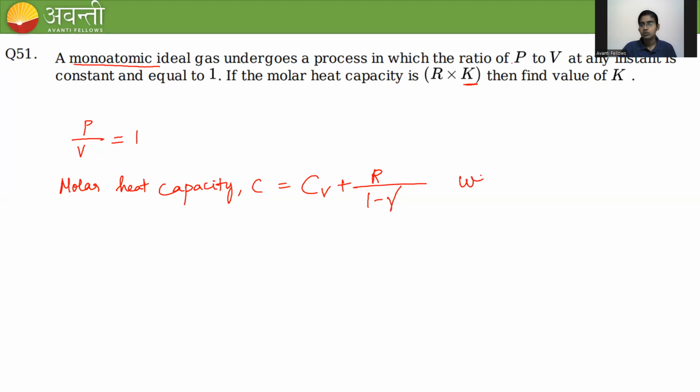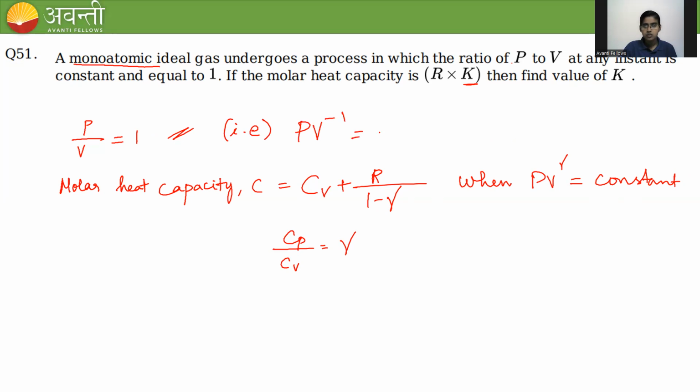When pressure times volume to the power gamma is equal to constant, Cp by Cv will be equal to gamma, and it is given P by V is equal to 1. So this relation represents P V power minus 1 is equal to constant.